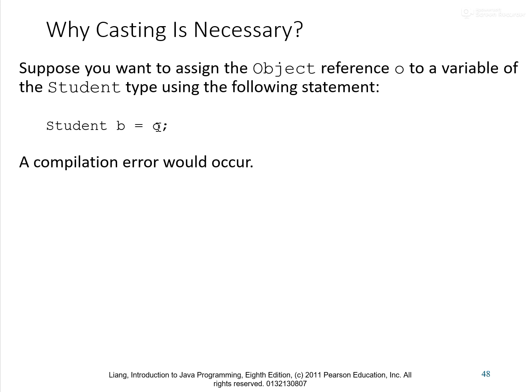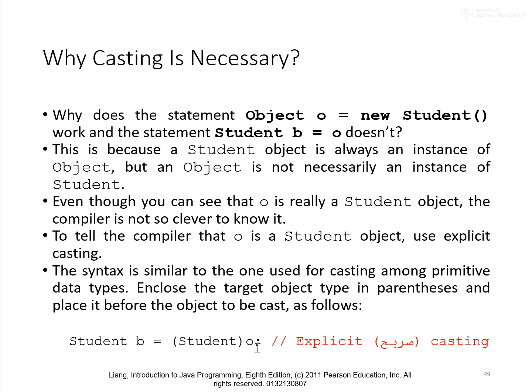But if we want to cast this object reference o back to a Student, you would get a compiler error. This doesn't mean there's no way out. If you know that this reference to an object is actually a Student, you can say so, using another type of explicit casting.